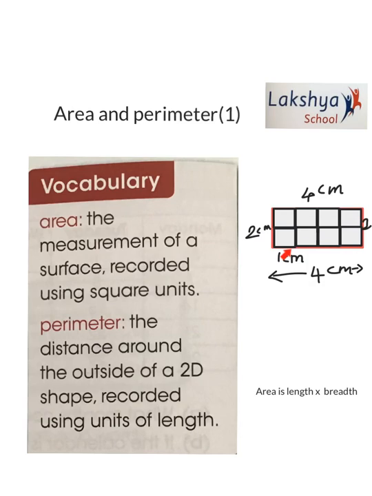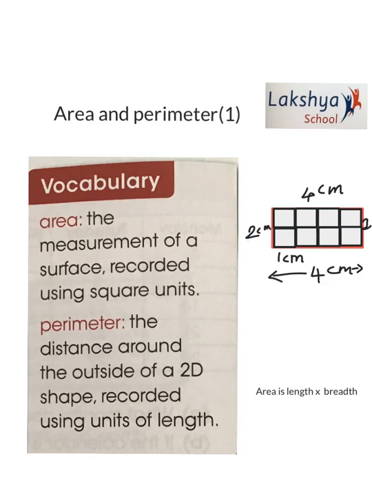So the length would be 1 plus 1 plus 1 plus 1, which is 4 centimeter. In a rectangle, opposite sides are equal, so this would also be 4 centimeter. Similarly, the breadth over here is 2 centimeter because each square represents 1 centimeter to one side of it. So this is 2 centimeter.